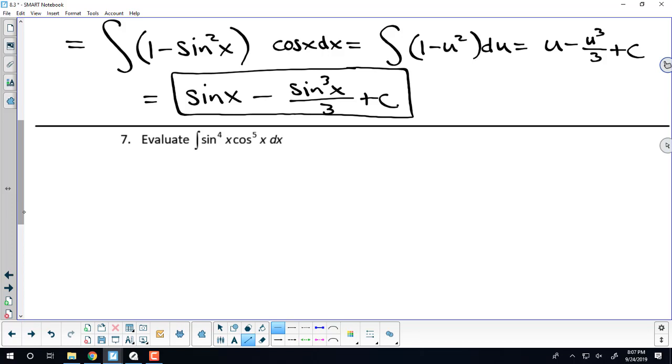It doesn't matter what the power on sine is, or cosine, as long as one of them is odd. If they're both odd, then you could choose either the method we had in example 6, or the method we had in example 5.